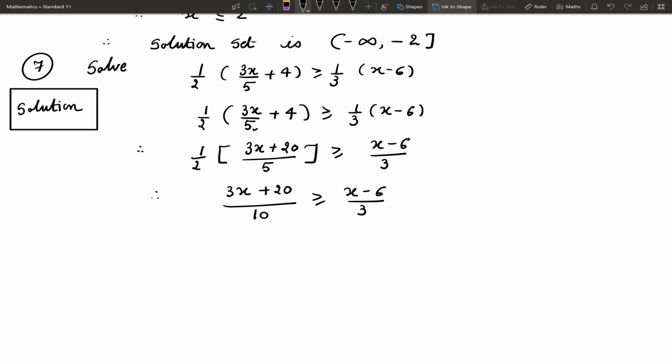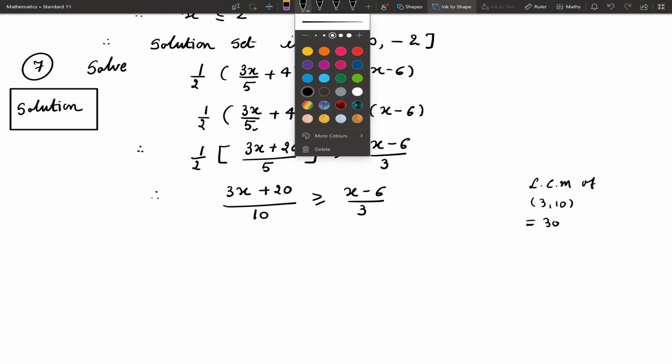Or you can say that the LCM of 3 and 10 is 30. So we multiplied both sides by 30.